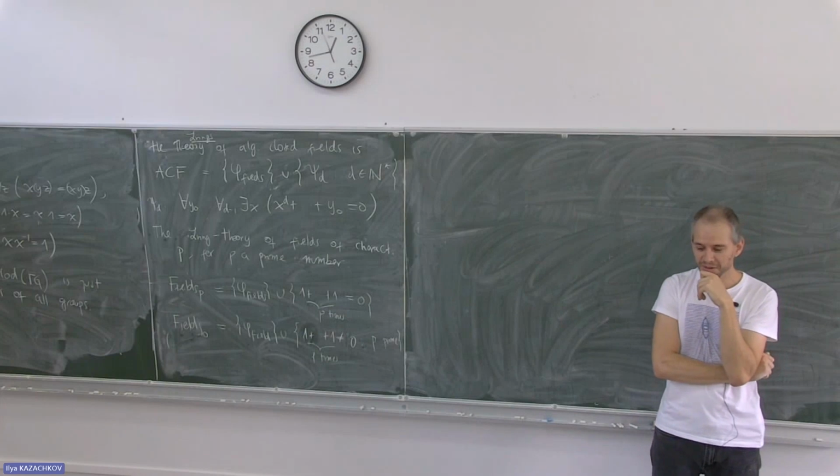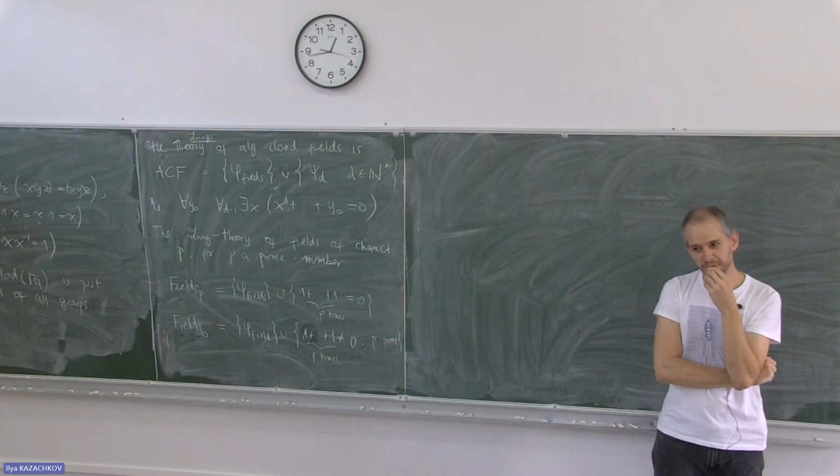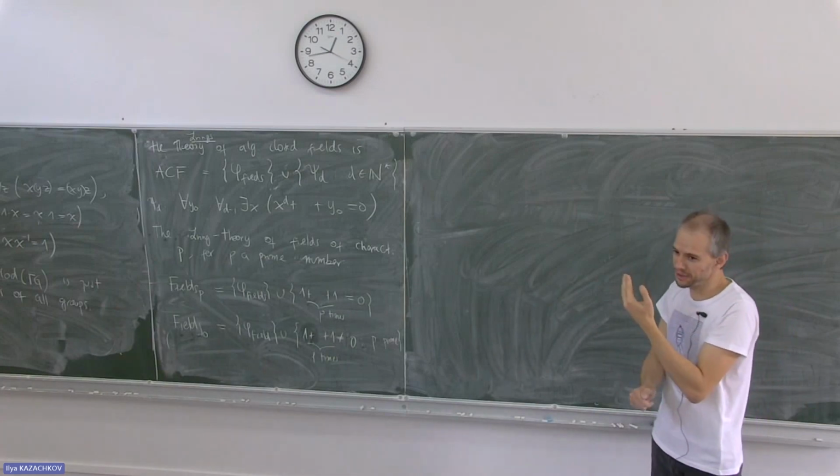Suppose that the formula is satisfiable. So you have n variables. Let's divide the variables in two types: those that have exists and those that have for all. And because the formula is satisfiable, I can substitute the existential variables by elements. That's correct, but it depends on the order, right?